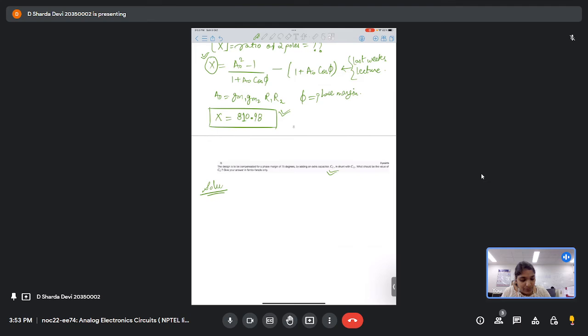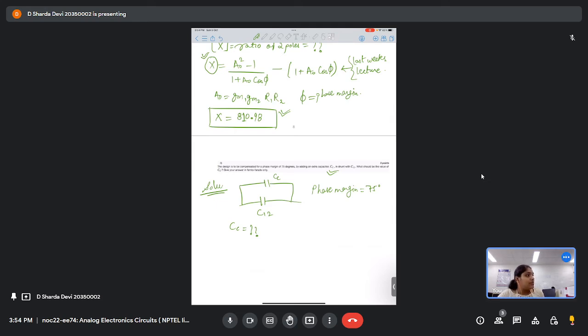So in parallel to C12, we have to add another capacitance, which is Cc, such that we get a phase margin of 75 degrees. So what is this value of Cc? That is the question, and we have to answer in femtofarads.